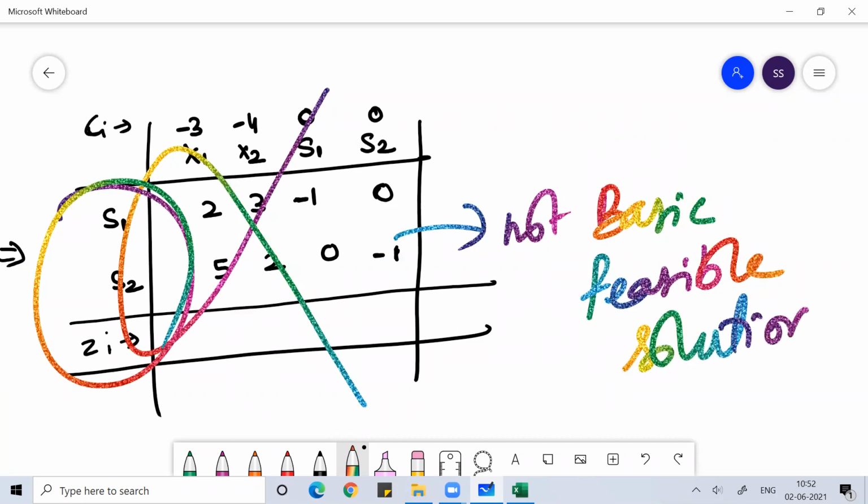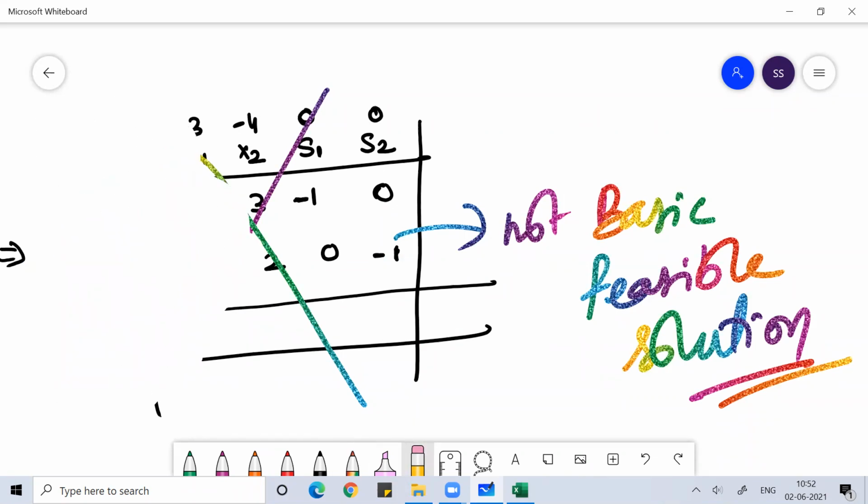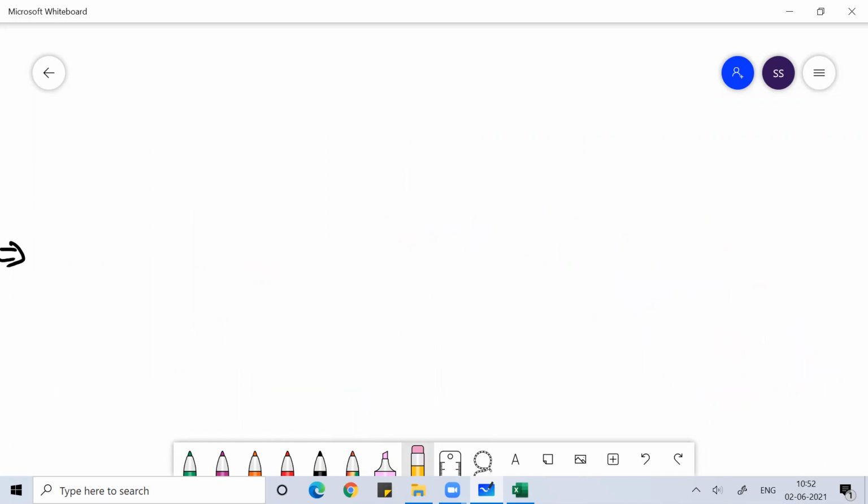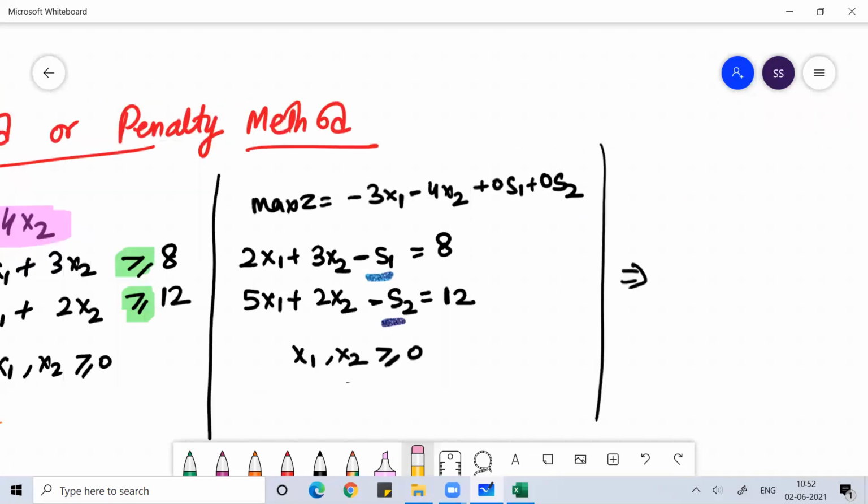So negative slack variables cannot be part of the iteration table, and we cannot start solving the problem with them. They cannot give us the basic feasible solution. So you cannot solve the equation you got like this.